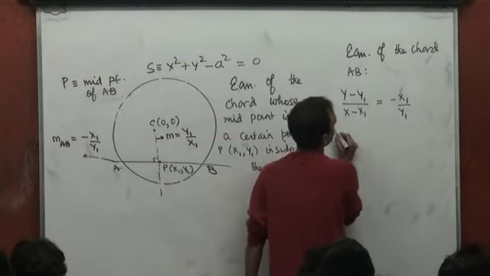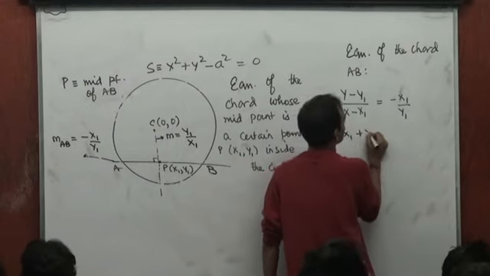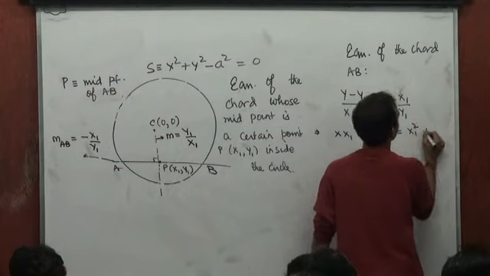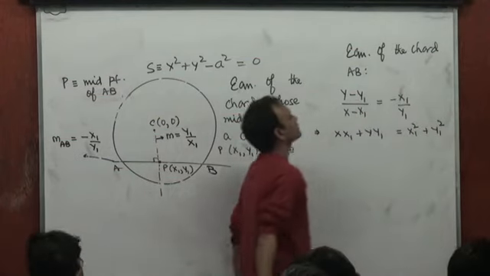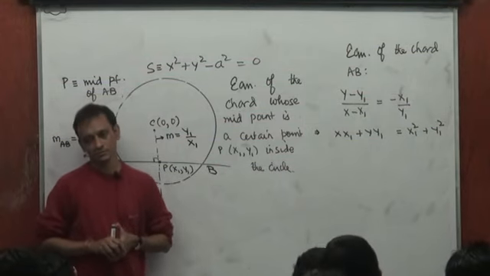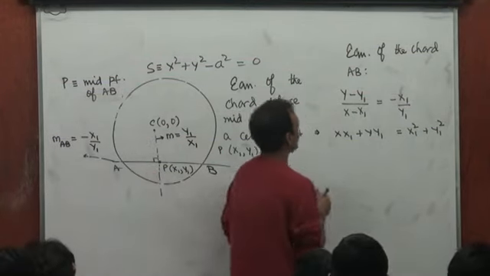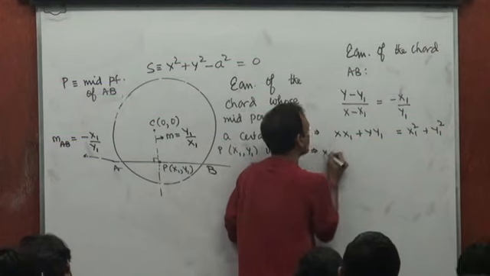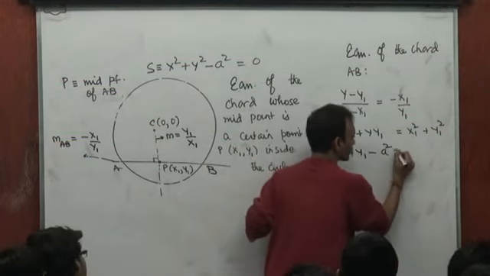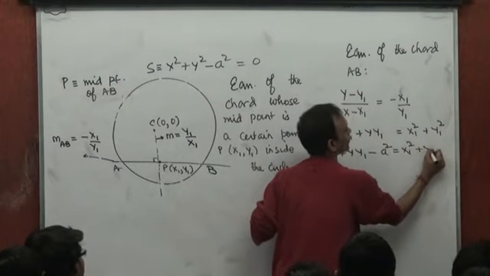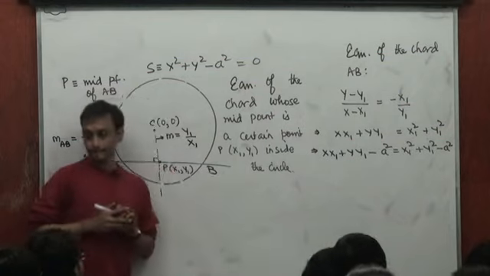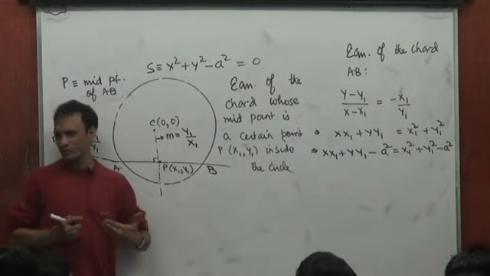This I can write as xx1 plus yy1 equals x1 squared plus y1 squared, cross multiplying and collecting terms. Then subtracting a squared from both sides.